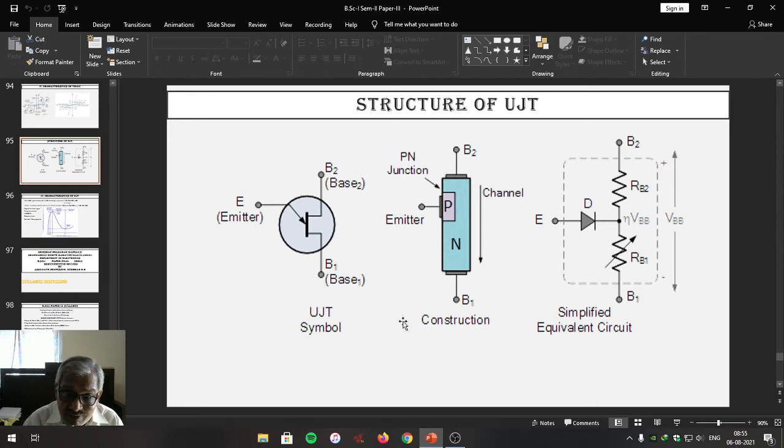Each and every device has its own separate construction and separate working. Please remember all these things.